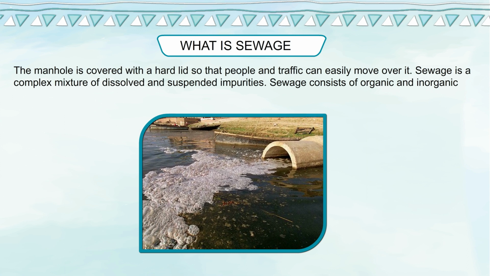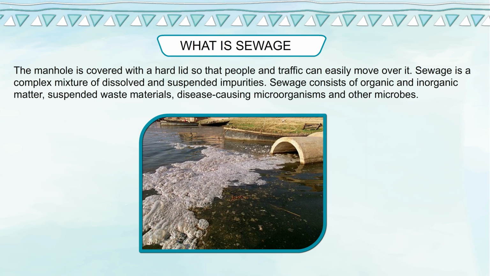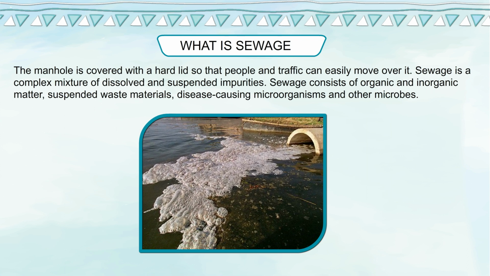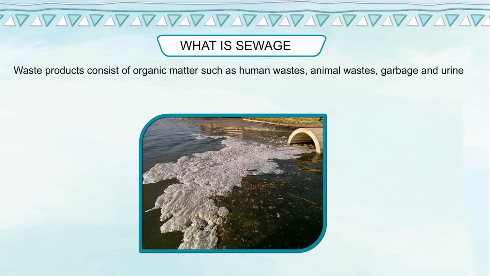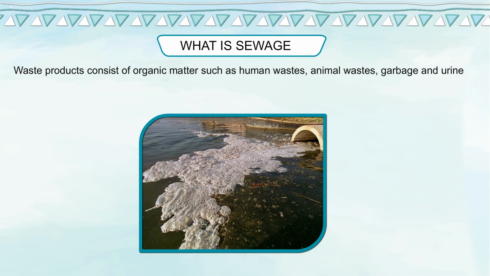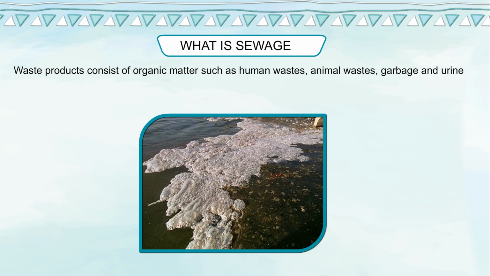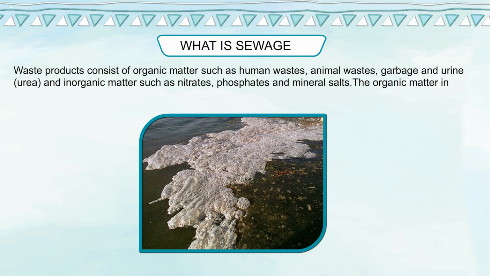Sewage is a complex mixture of dissolved and suspended impurities. Sewage consists of organic and inorganic matter, suspended waste materials, disease-causing microorganisms, and other microbes. The waste products consist of organic matter such as human waste, animal waste, garbage, urine, urea, and inorganic matter such as nitrates, phosphates, and mineral salts.